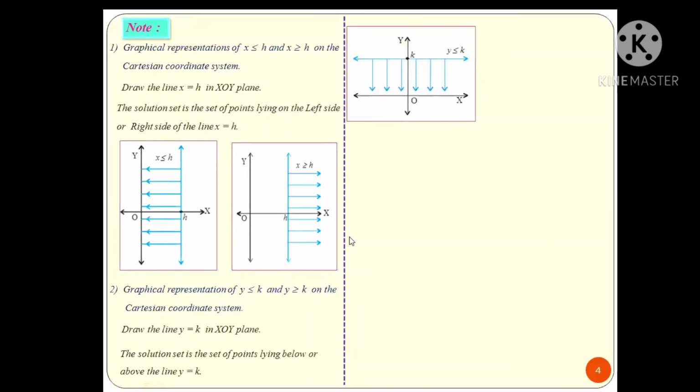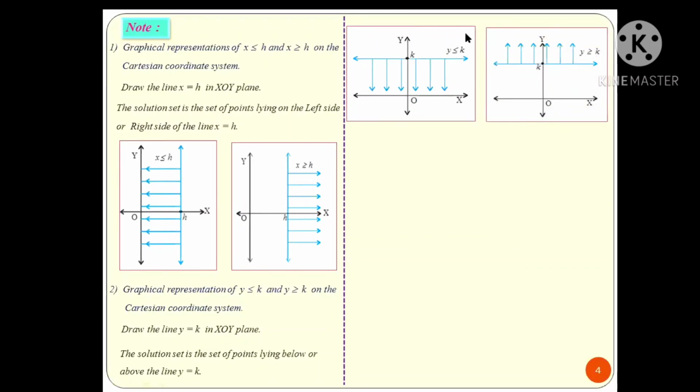In the xy plane, y less than or equal to k. If you are taking less than, it means the origin side, so arrows are taken towards the origin side. And if there is the sign greater than, the region will be away from the origin. Check the second figure, y greater than or equal to k, region away from the origin side.